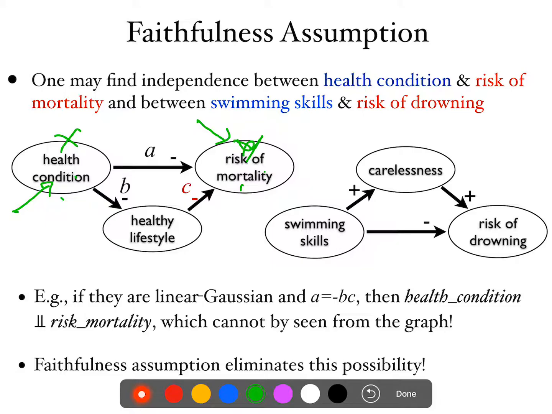Then faithfulness is violated only when you have coupled parameters, coupled in some way so that the influence of X on Y is exactly 0. If all those parameters were chosen independently, the chance of having violation of faithfulness is very low. The measure would be 0. So this is the faithfulness assumption.